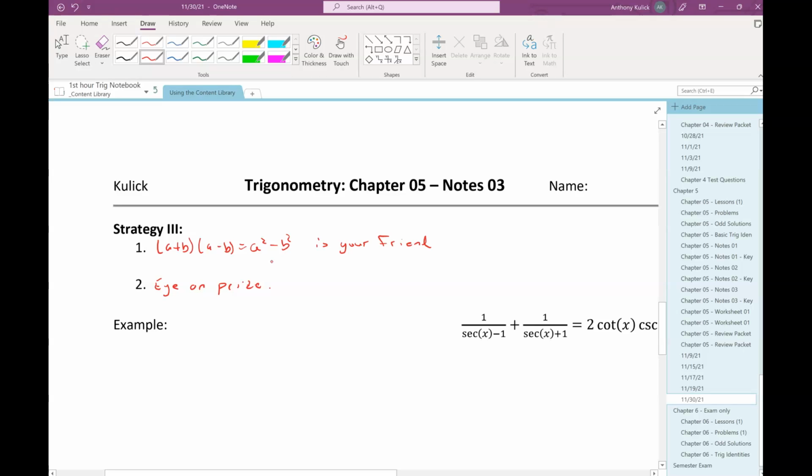Oftentimes that'll give you some idea of, hey, I already have this part and this part straightened out, so I know that this stuff has to turn into this thing. And it can give you some intuition as to where to look for what you might still need to do. I just simplified that by saying eye on the prize: keep in mind where you're trying to get to.